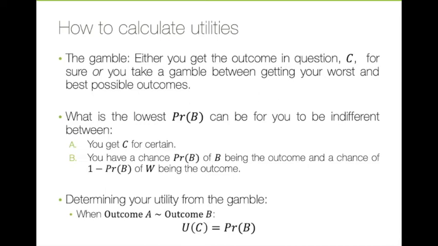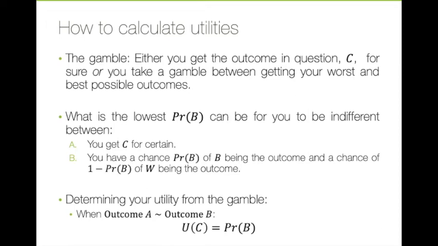And our goal will be to assign the probability of our best outcome that makes us indifferent between choosing A and B. Where A is you get the consequence in question, C, for certain, and B is the gamble, where you have a chance, the probability of B, of your best outcome coming true, and a chance of 1 minus the probability of B of W being the outcome.